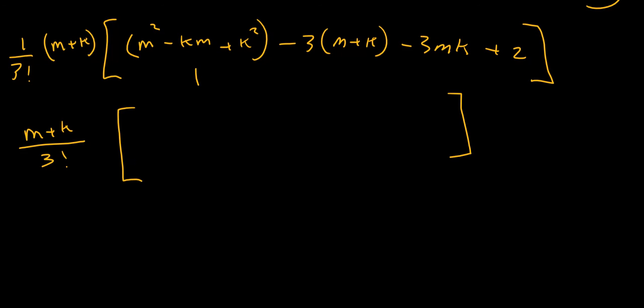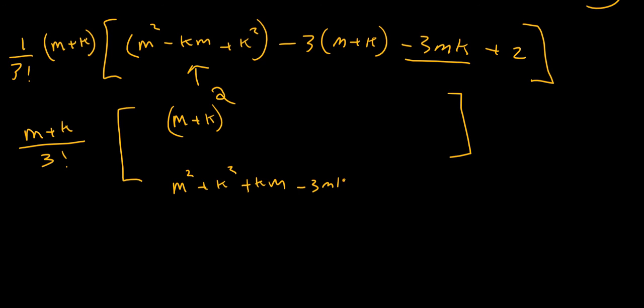This here is the same as m plus k squared, which is m squared plus k squared plus 2km, but we have subtract 3mk here, which gives m squared plus k squared minus mk.